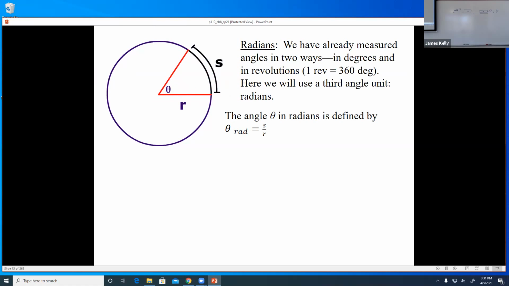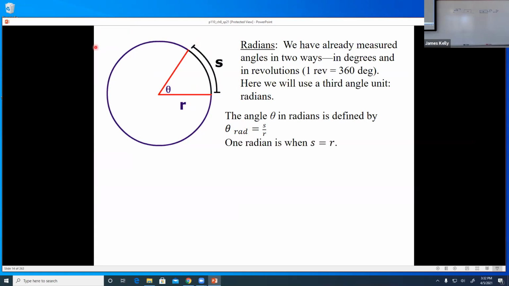So I've got 3 things drawn on there: arc length s, theta, and r. Then the definition of how to measure theta in radians is just the ratio of the arc length distance to the radial distance. Clearly as theta gets bigger, r isn't going to change, but s is going to get bigger and bigger, right? So theta in radians is going to get bigger and bigger.